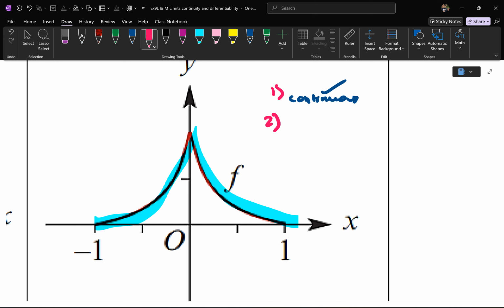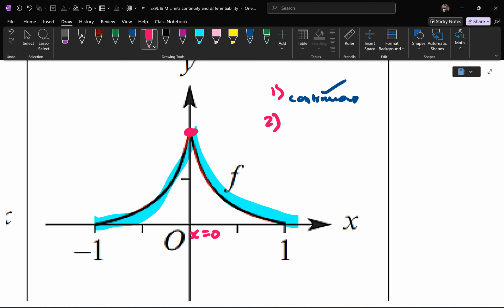Now, there is one point in question. Which point am I looking at? x equals 0. At x equals 0, that's the only question. But you can clearly see, even though it wasn't linear, that the gradient on the left-hand side is positive, whilst if I'm approaching from the right-hand side, the gradient is negative.